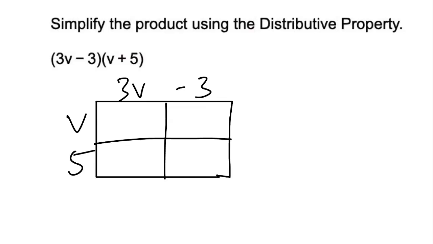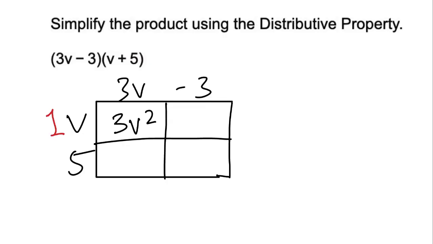So 3v times v gives us 3v squared. If you want, you can put the imaginary 1 in the front so you know it's 3 times 1, and that's why it's 3. And then v times v is just v squared. Remember, anytime you multiply something by itself, you can rewrite it as an exponent by putting the 2 on top.